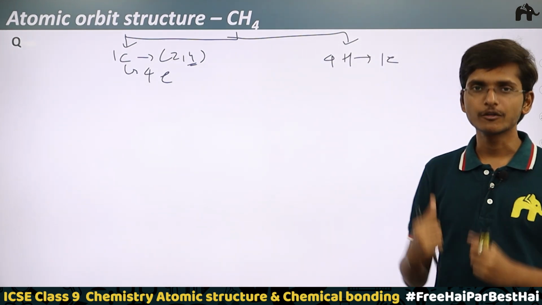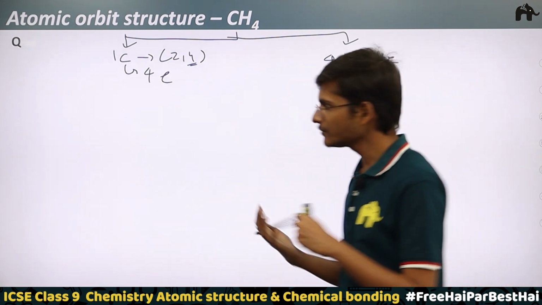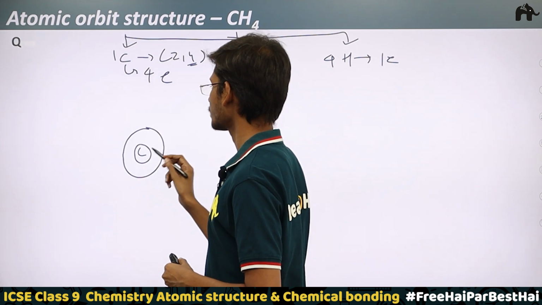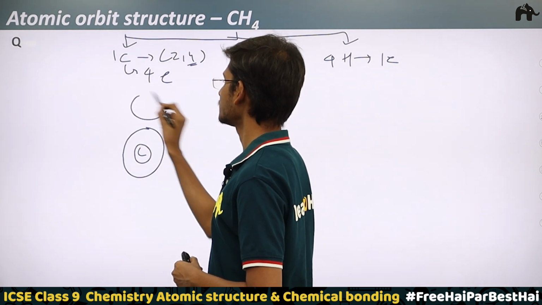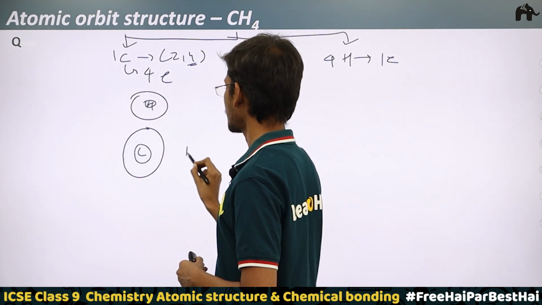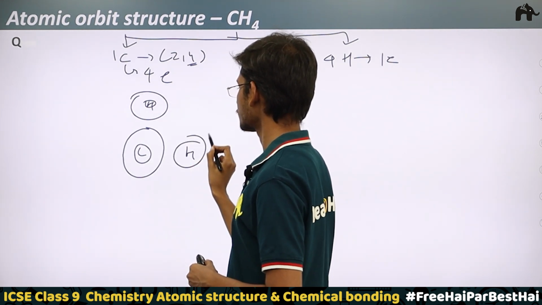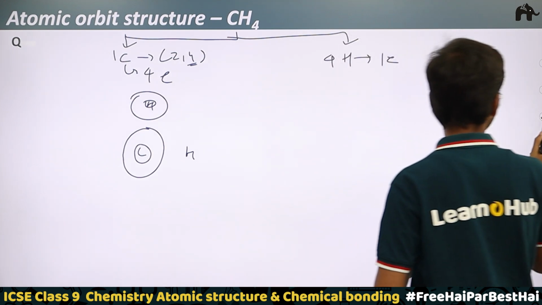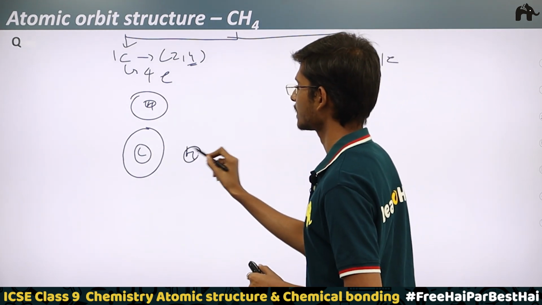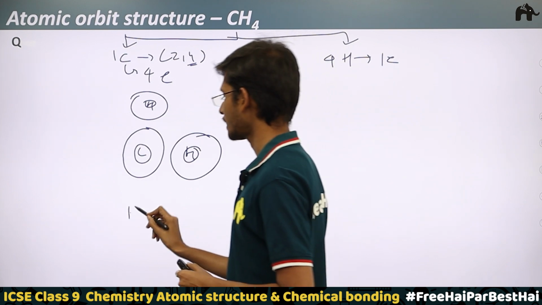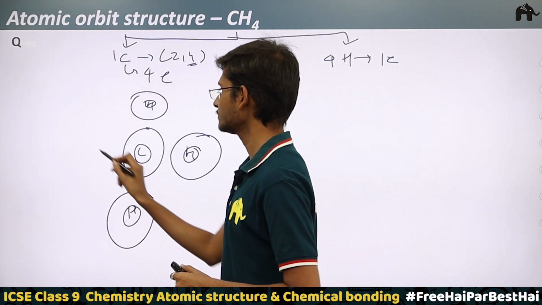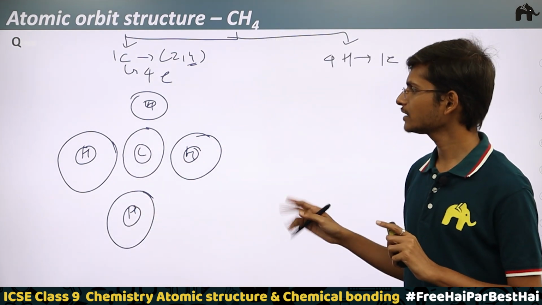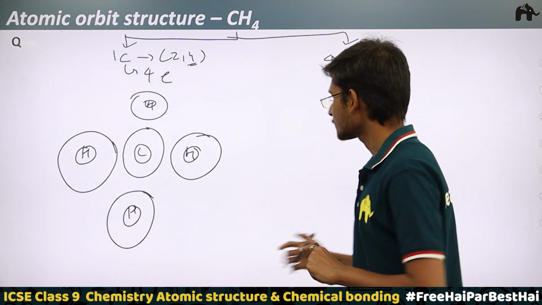Now how would they share? The same way as in carbon tetrachloride. Carbon atom, then the hydrogen atoms. I just made the nucleus pretty big. Hydrogen atom's nucleus, hydrogen atom's nucleus, and in the center there is the carbon atom.